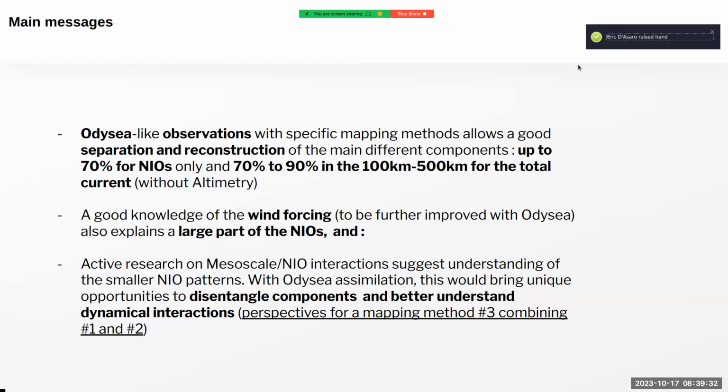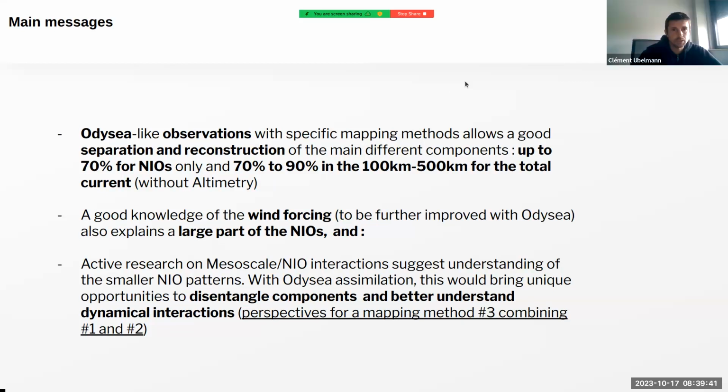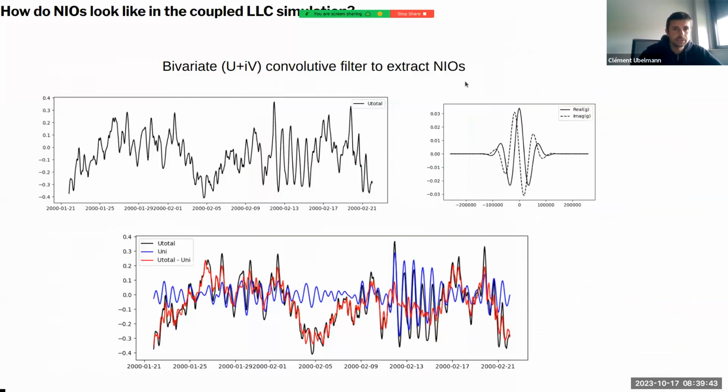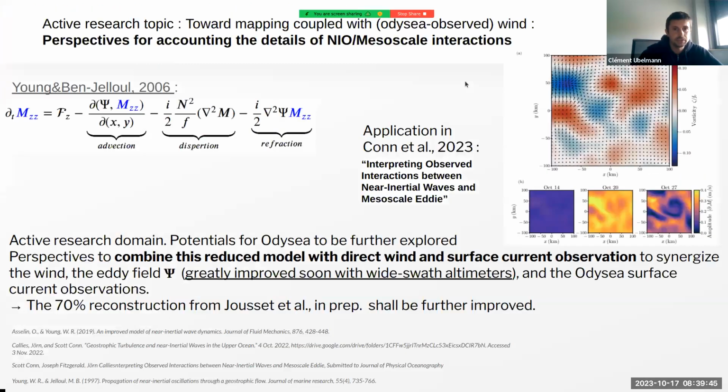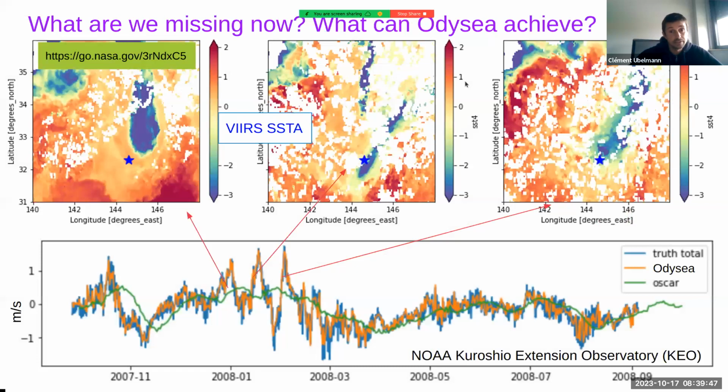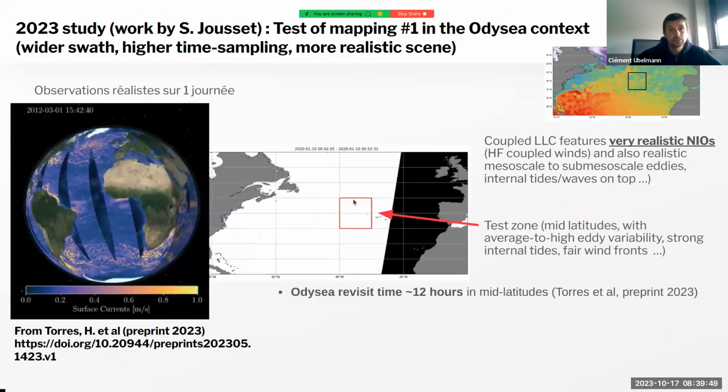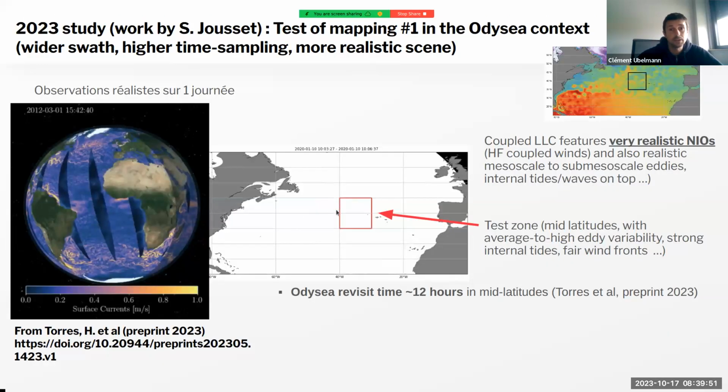For those of us who aren't NASA nerds, can you briefly describe what the sampling of Odyssey is going to be? I think this animation here gives an idea. We can see the width of the swath.